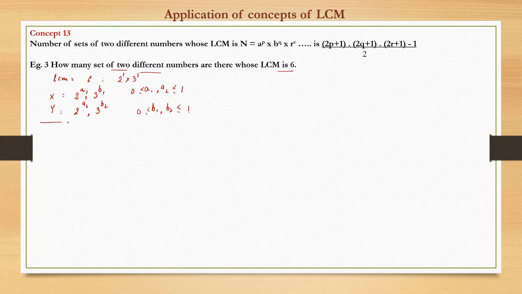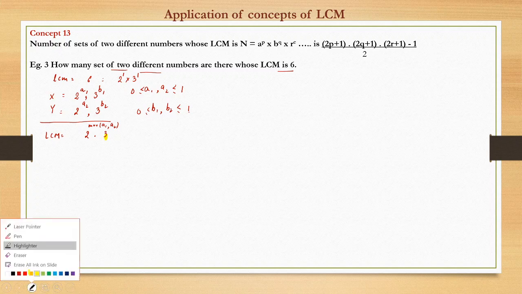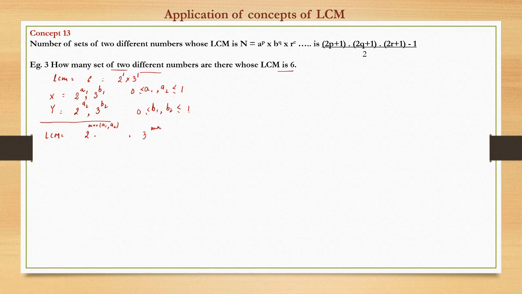Now if we want to calculate the LCM of this, LCM would be what? We have two prime numbers, 2 and 3, and the LCM would have the maximum of a1, a2 as the index of 2, and similarly for 3 also, the maximum power will be the maximum of b1 and b2.